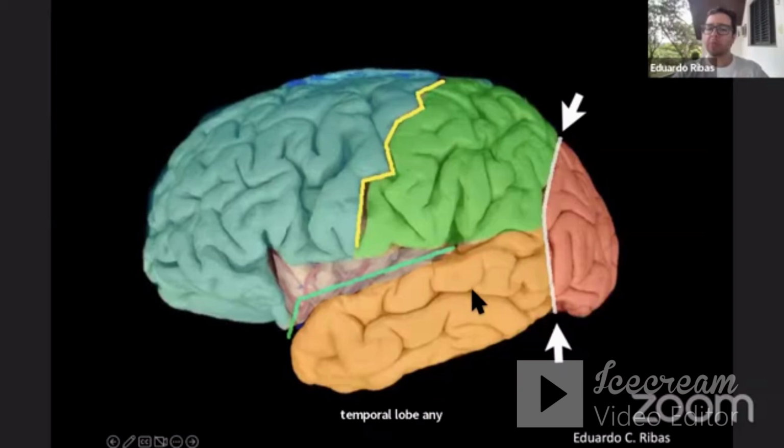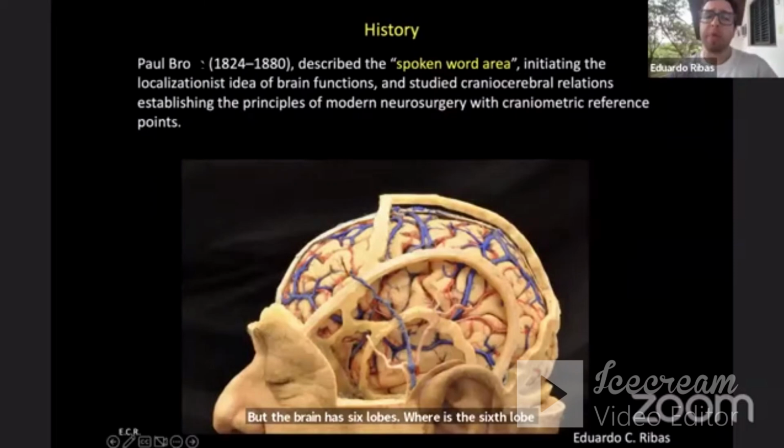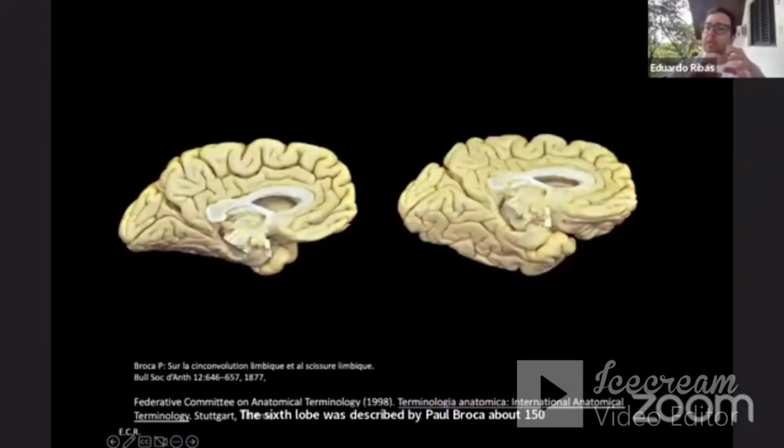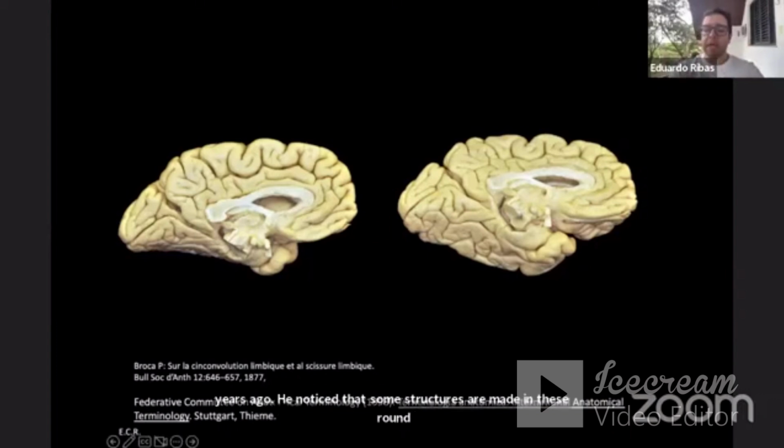But the brain has 6 lobes. Where is the 6th lobe? The 6th lobe was described by Broca about 150 years ago. He noticed that some structures are arranged in a ring around the thalamus, and he put forward this idea of a limbic convolution, meaning around the thalamus.